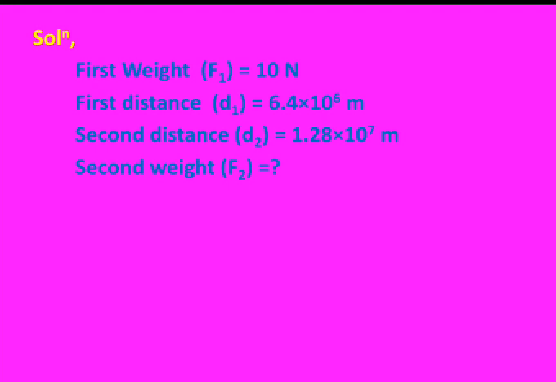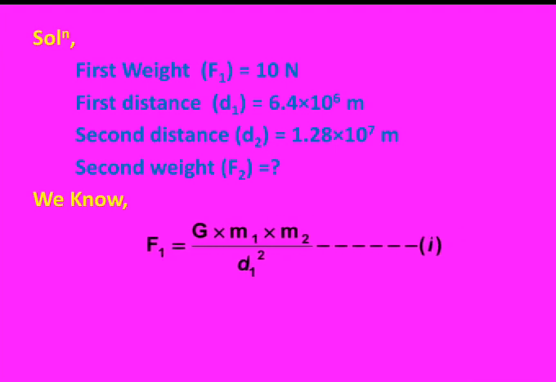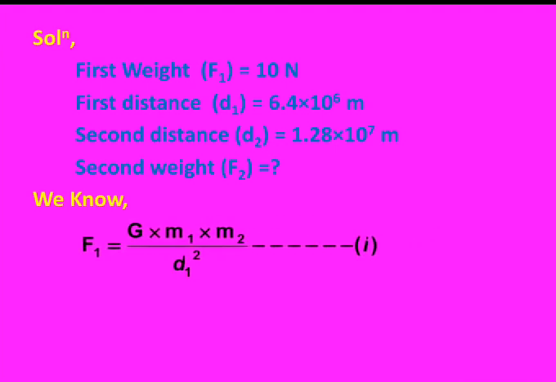Second weight F2 equals what? We know F1 equals capital G into M1 into M2 upon D1 square, equation number 1. F2 equals capital G into M1 into M2 upon D2 square, equation number 2.